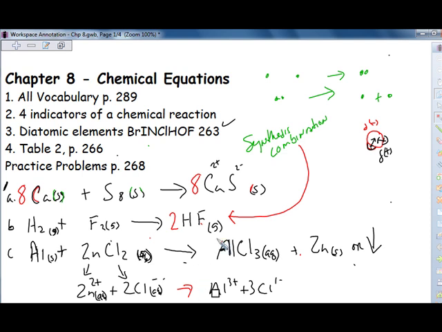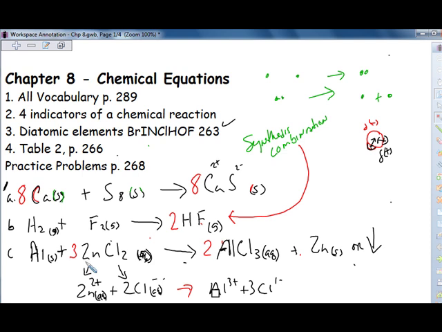So what you have to do is manipulate the coefficients in such a way that you balance out the number of atoms. In this case, it's as simple as finding a common denominator between 2 and 3. What is it? 6. So you put 2 here, that gives you 6 chlorides. You put 3 here, that gives you 6 chlorides. Okay? So now you've balanced the chlorides, but you've fouled up the relationship between zinc and aluminum, right?